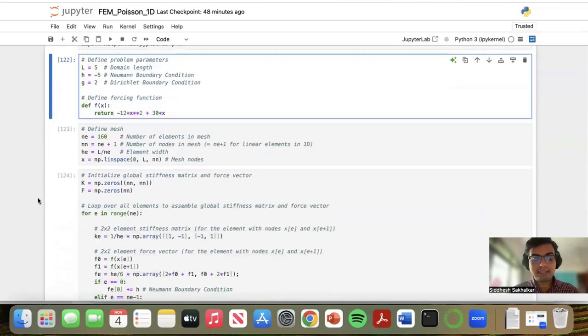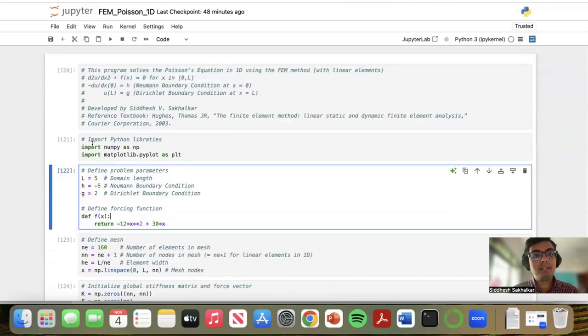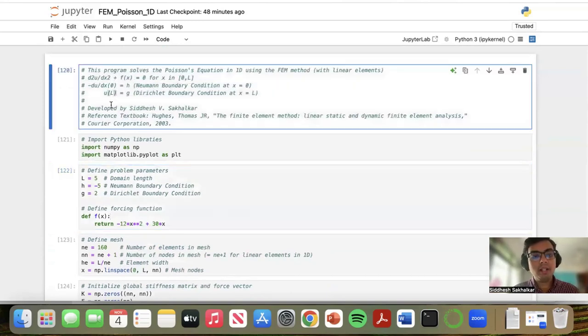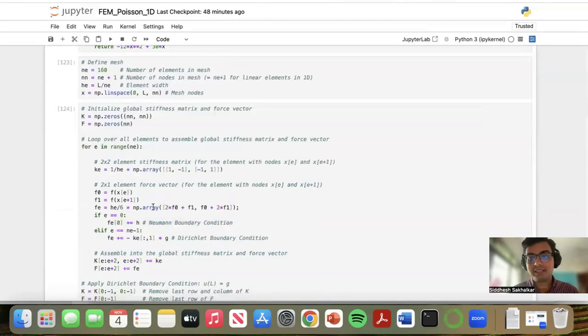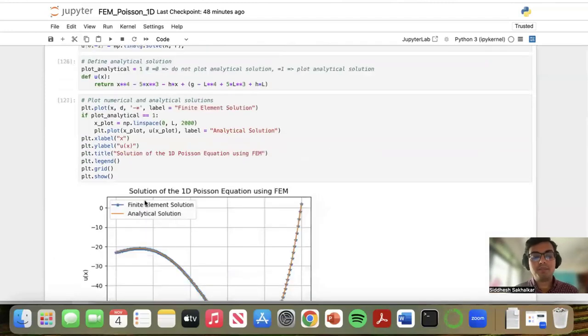A few other interesting exercises, if you want to familiarize yourself with FEM even more: what would happen if we had a Dirichlet boundary condition at both 0 and L? Or let's say we had a Dirichlet boundary condition at x equal to 0, but a Neumann boundary condition at x equal to L. How would this code change? Those are a few things that you can try if you want to get some more experience with this particular computer program.